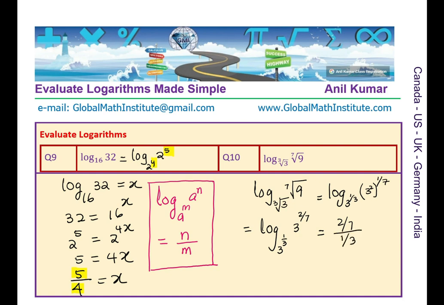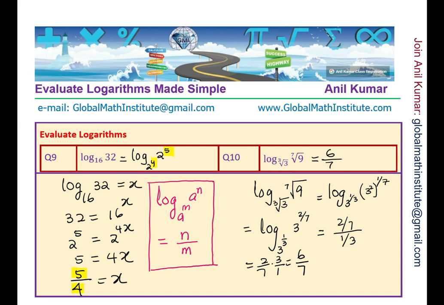Do you see that? And therefore, the answer will be 2 over 7 times 3 over 1, or 6 over 7. Perfect. So we kind of flipped it. So you can use this formula also to find the solution. In this case, it is going to be 6 over 7.